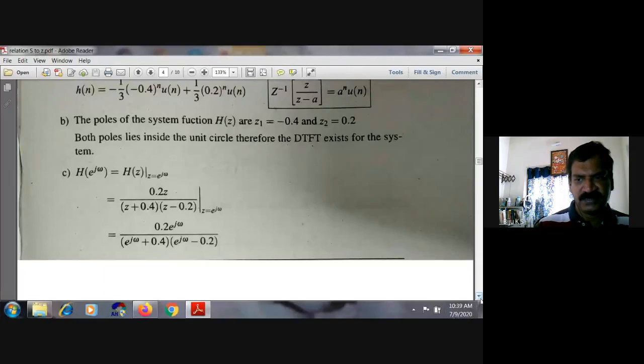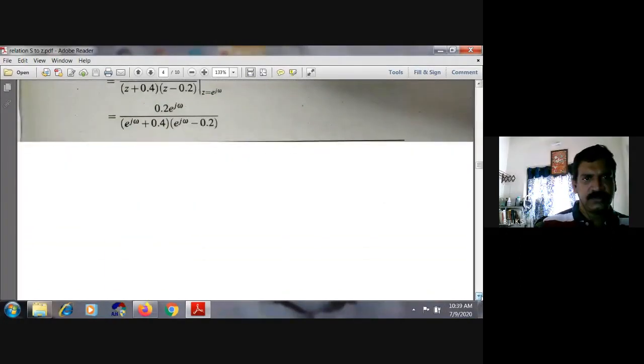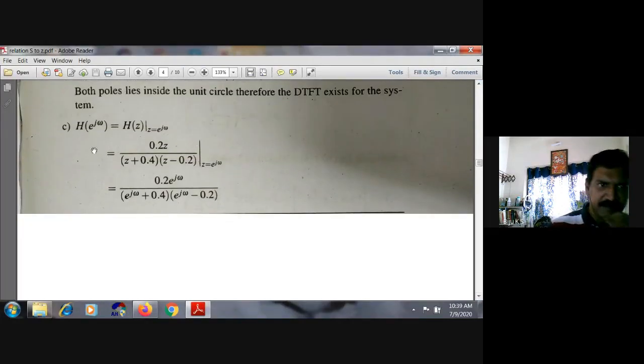I think this is enough for the DTFT. If you want to find the magnitude response, the denominator terms should be vanished, so that then only we can find the magnitude and phase response.